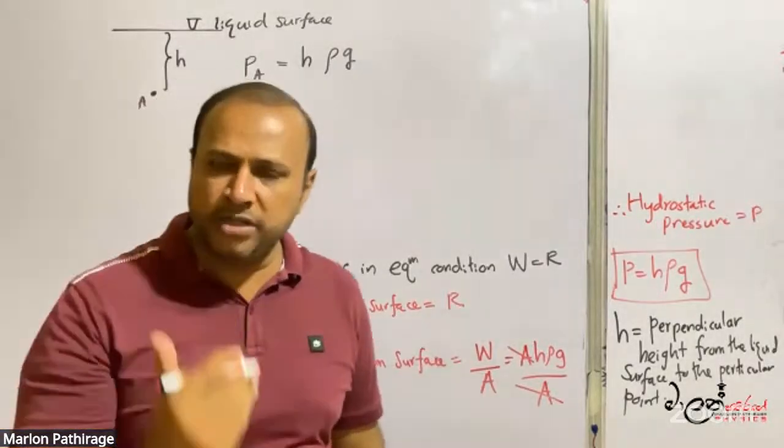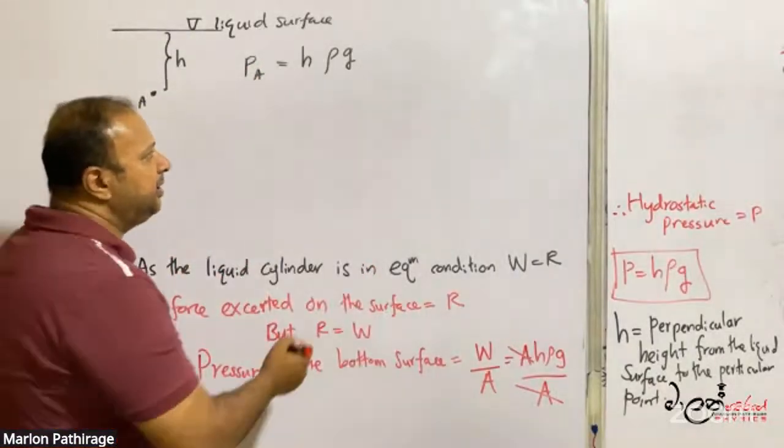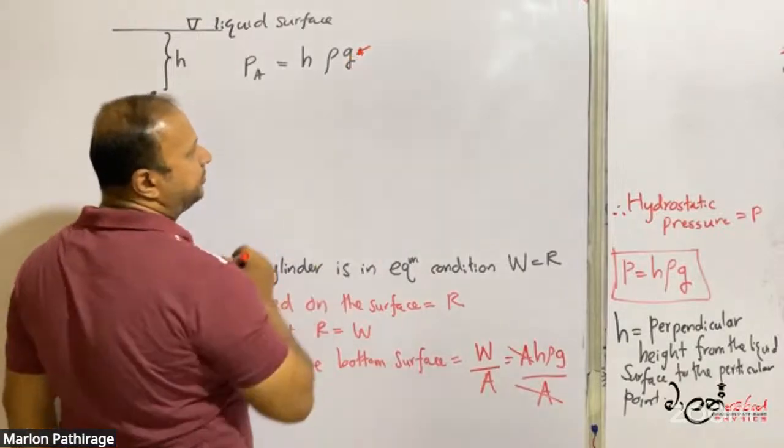If it is a homogeneous liquid, definitely the density is a constant, and g is also a constant.